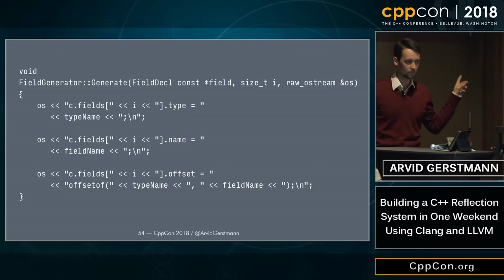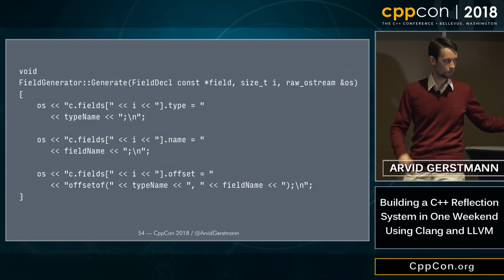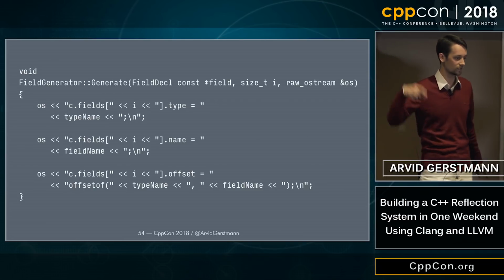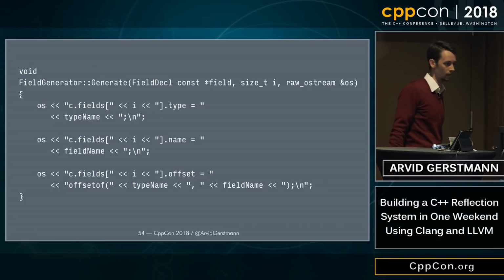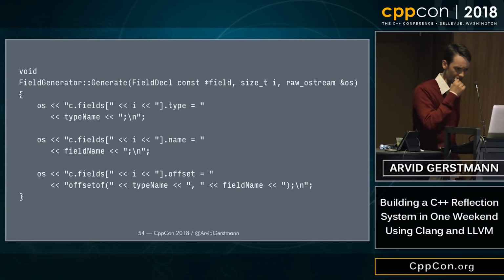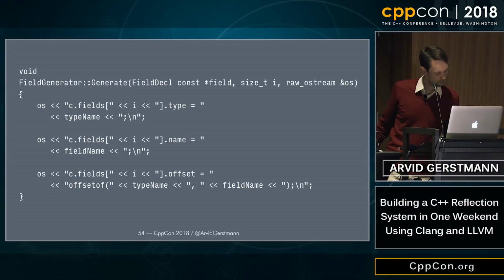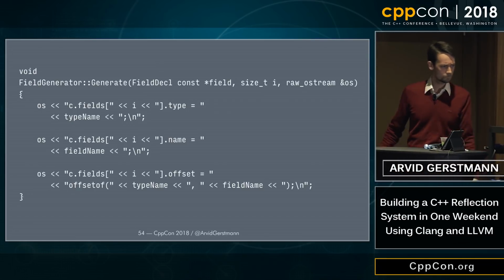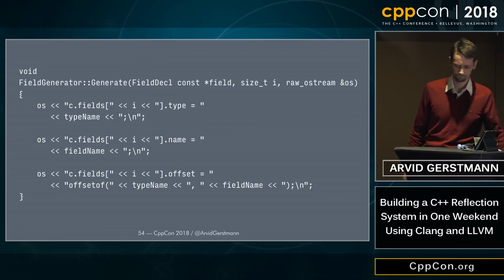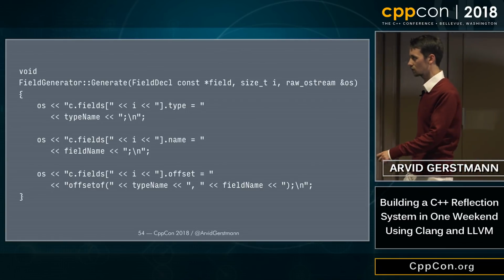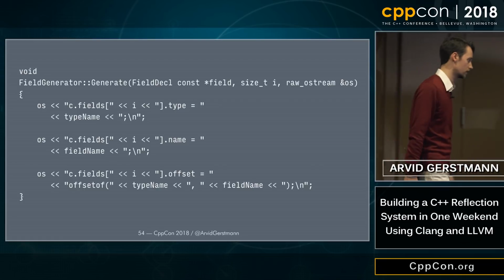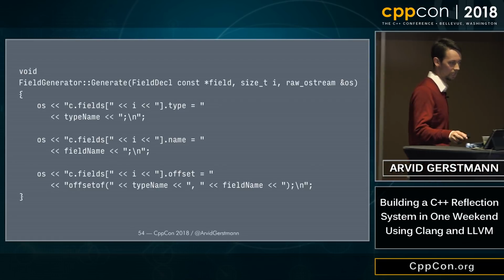This is generating information for a single field. That is why we pass in the size ti, which is the index of the field. And then we generate the type, which is actually supposed to be a get type function call. Then we put in the name and the offset of. And with that, we can actually generate all the information we need. And this is pretty much everything we need.